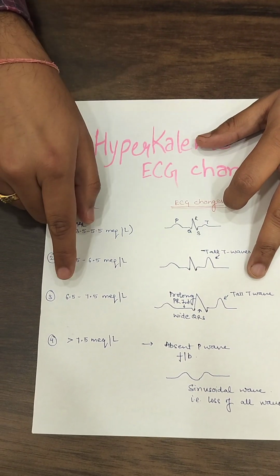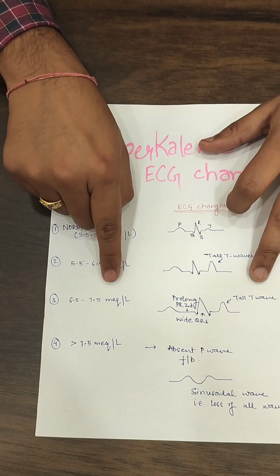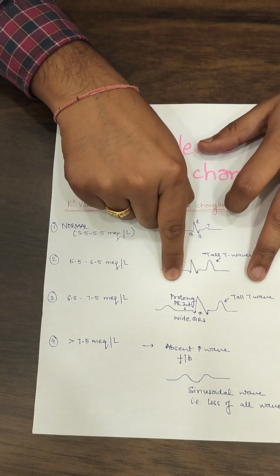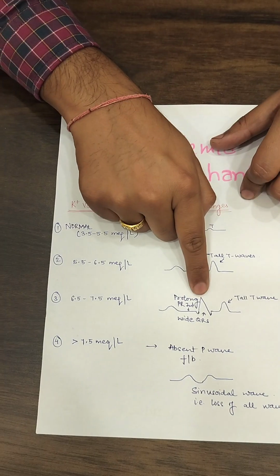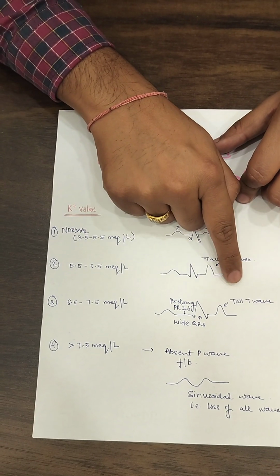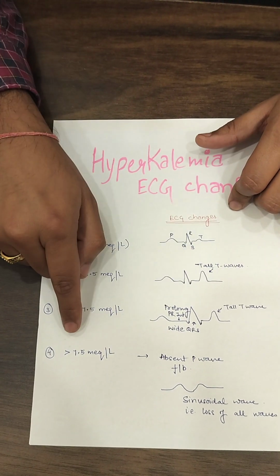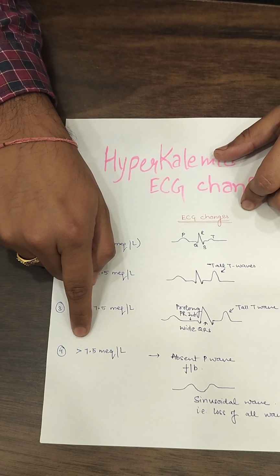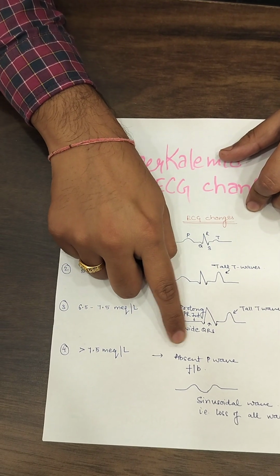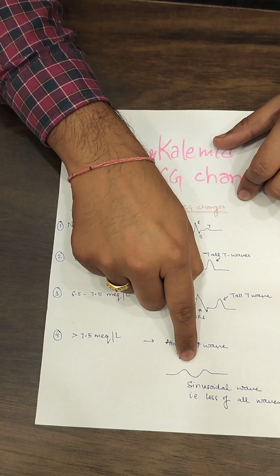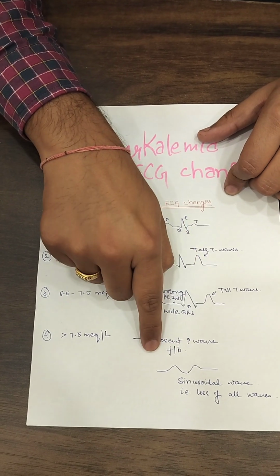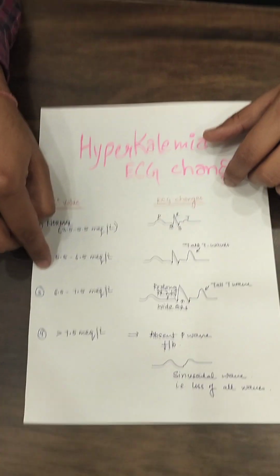When serum potassium level is 6.5 to 7.5, there is prolonged PR interval, wide QRS complex, and of course tall T wave. When serum potassium level is more than 7.5, there is absent T wave and loss of all waves, that is sinusoidal pattern of ECG.